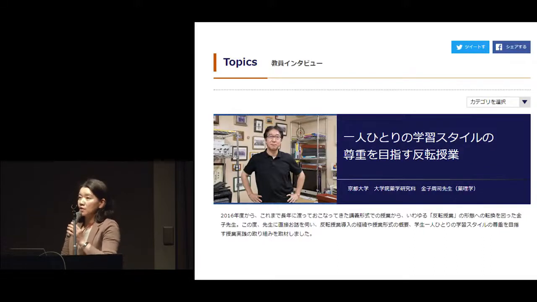Now, the flipped class can be made using MOOC, of course, but also we can use Panda, our LMS in Kyoto-U. And some faculty combine and use Panda in their flipped class. This is Professor Kaneko from the pharmacology department, who is introducing a flipped classroom. He does not produce MOOC himself.